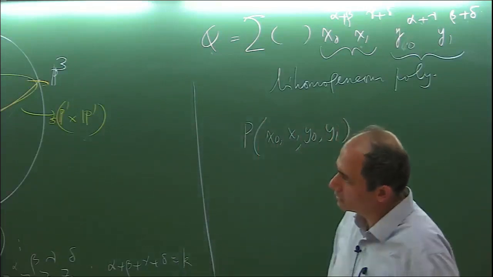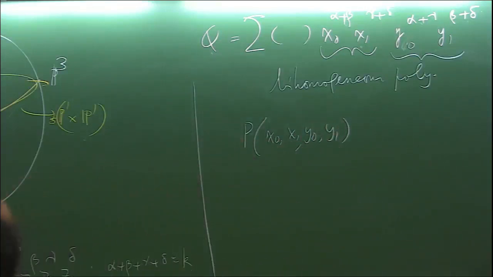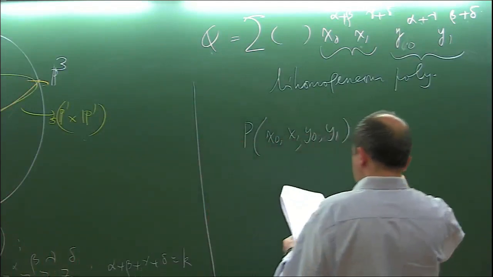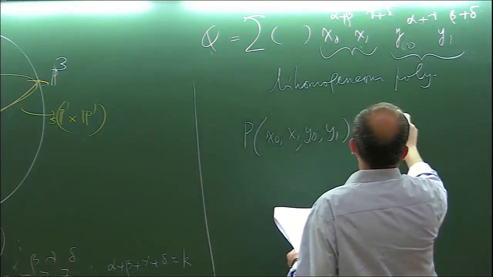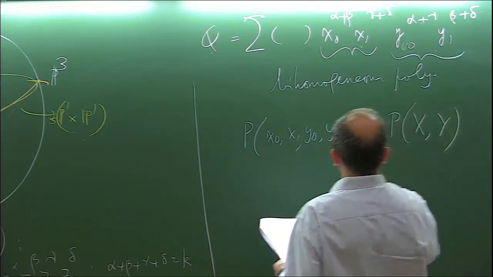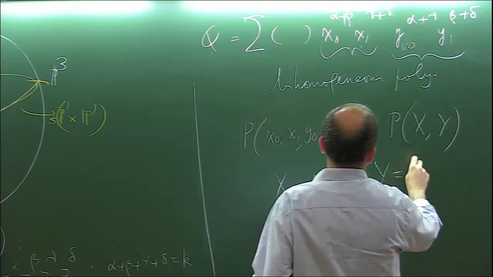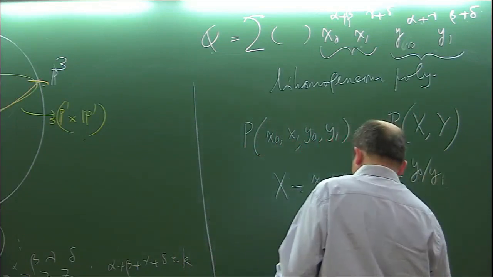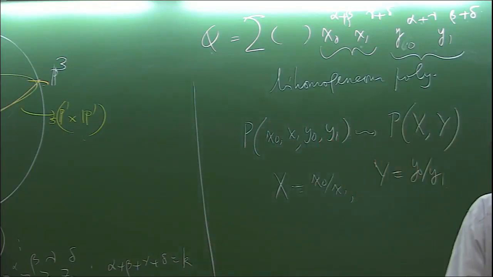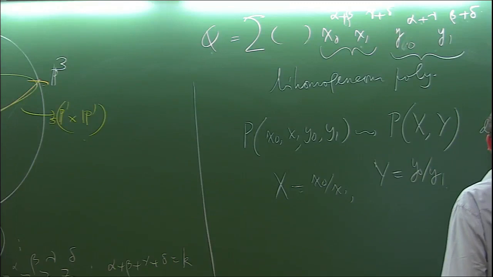But now I want an affine description. So I forget the homogeneous coordinates and I work with P of x comma y, where x is x0 by x1, y is y0 by y1. So this defines A, in fact, A union A star closure.